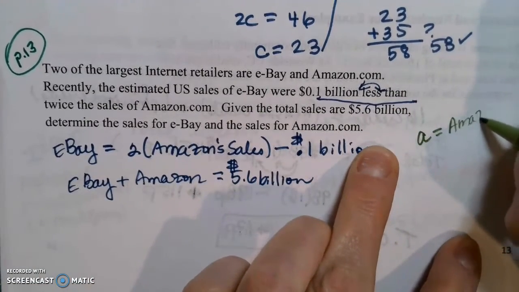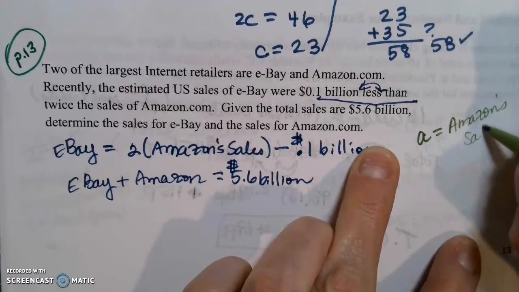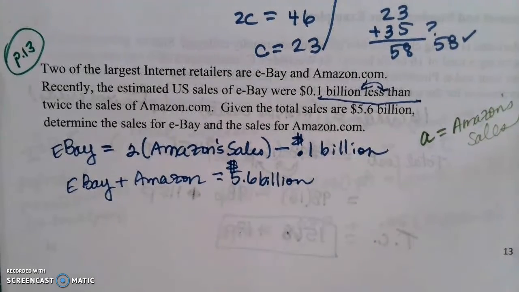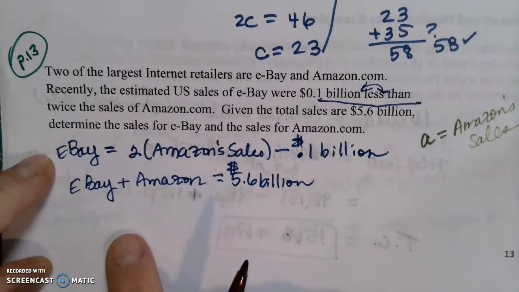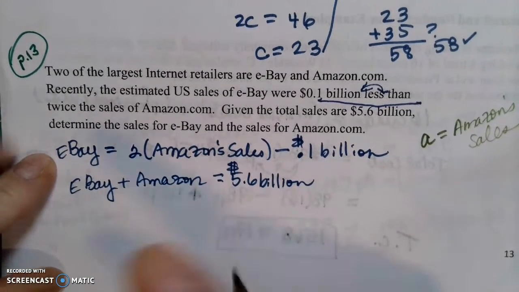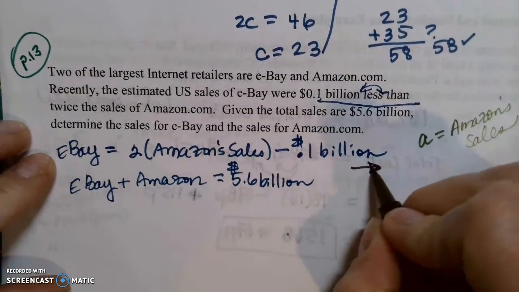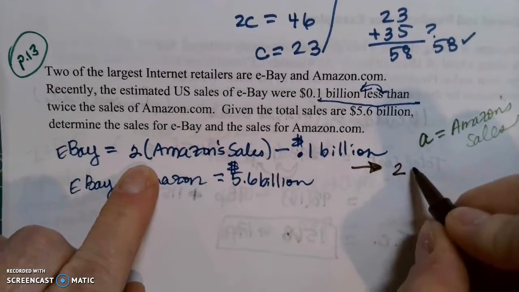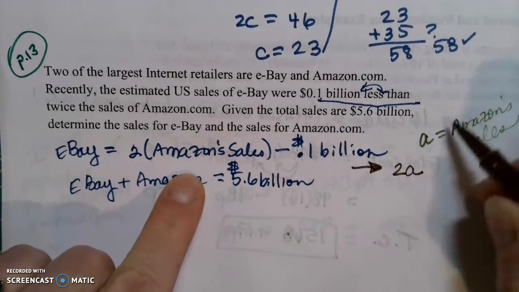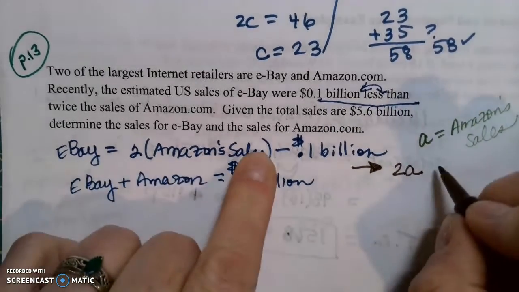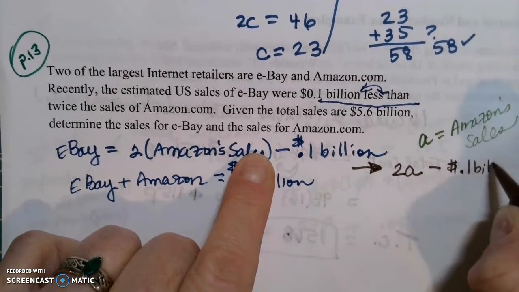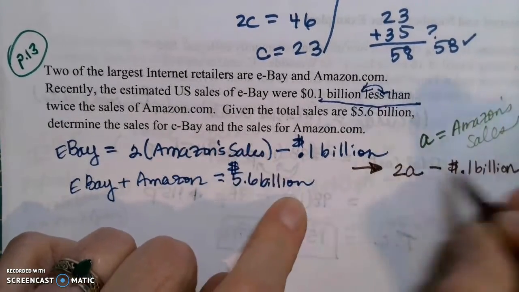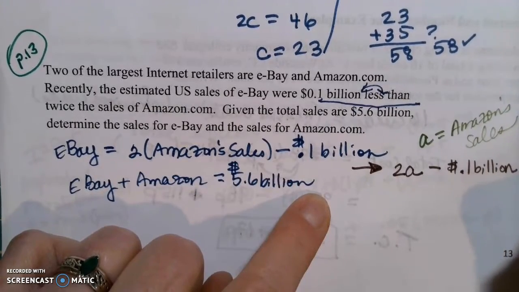So Amazon's sales will be represented by A. Then eBay's sales are going to be 2 times A, because that's what I decided to call Amazon sales, minus that 0.1 billion. And that's eBay.